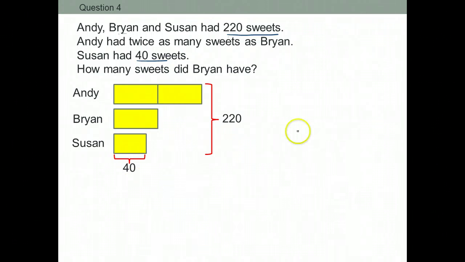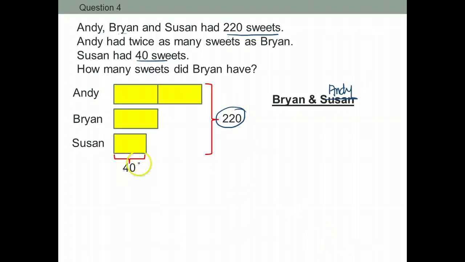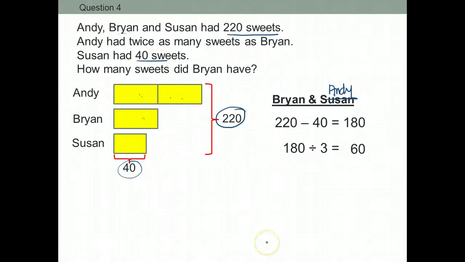So first, let's find Andy and Bryan. So Bryan and Andy would have 220 minus the 40 sweets, which is 180. So this 180 is divided by 3. So Bryan would have 30 sweets.